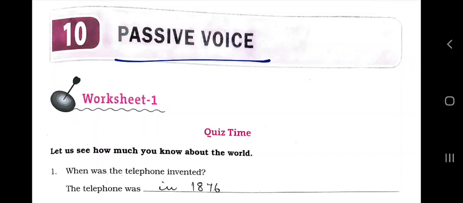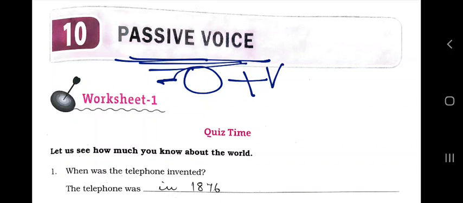Active voice means that a sentence has a subject that acts upon its verb, and passive voice means that a subject is a recipient of a verb action. For example, let's take a sentence. If we are talking about passive voice, it has object, then verb, then subject.